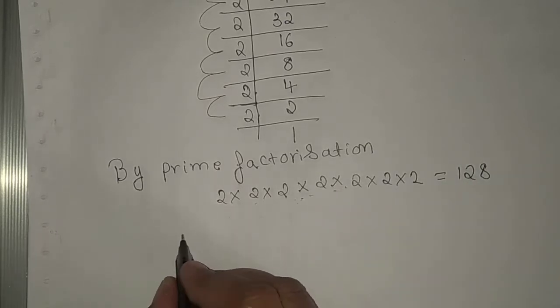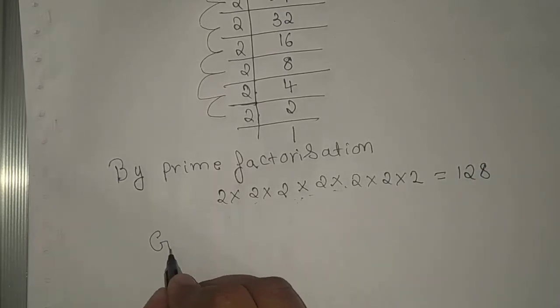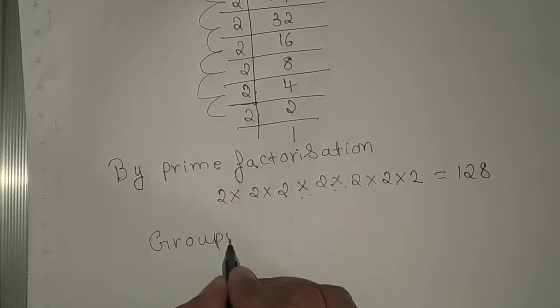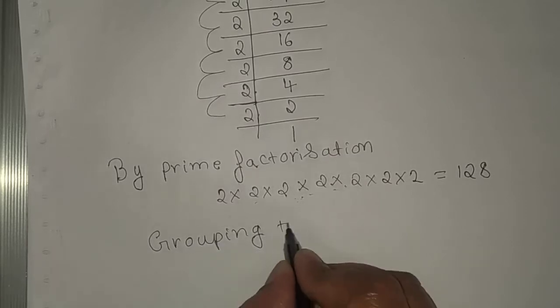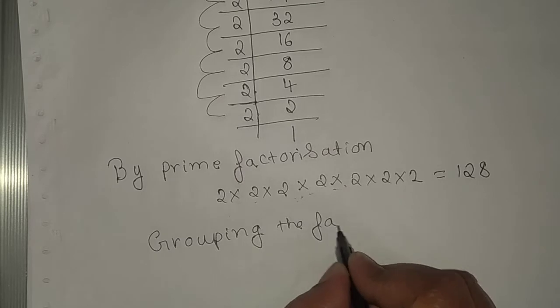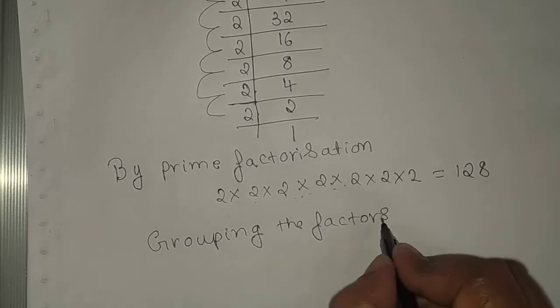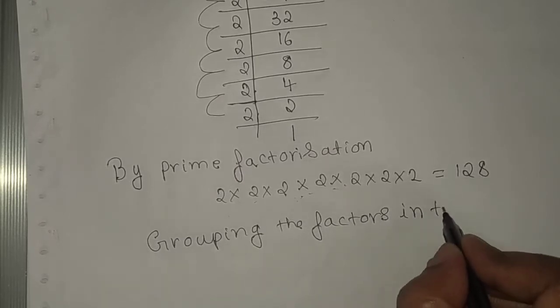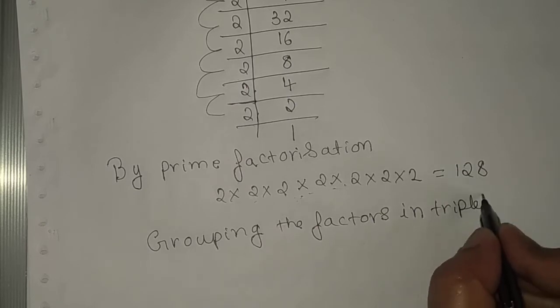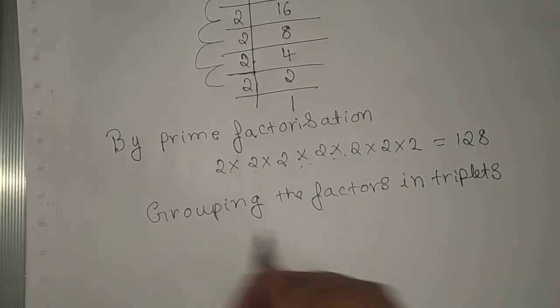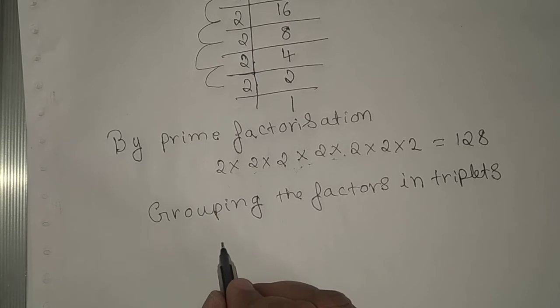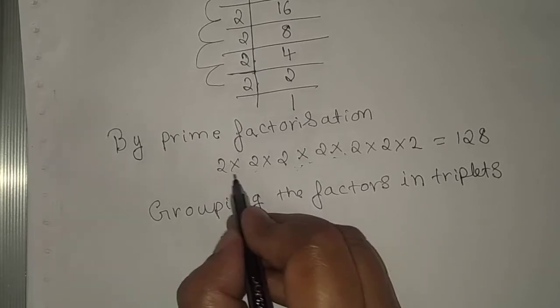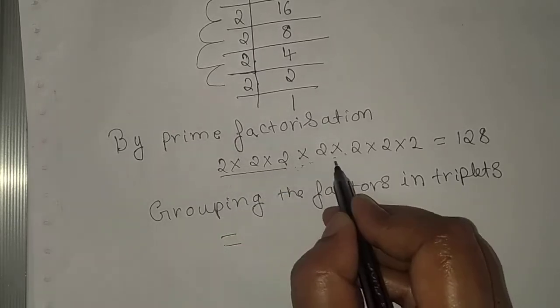So therefore the next step is grouping the factors in triplets. I told you what triplets are in the previous problem. Now you group these numbers into 3s.